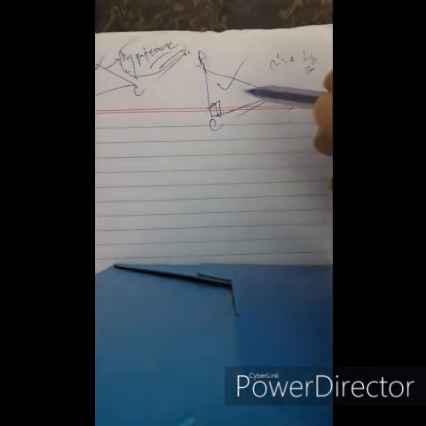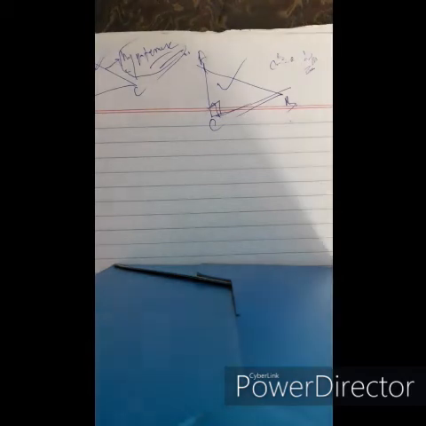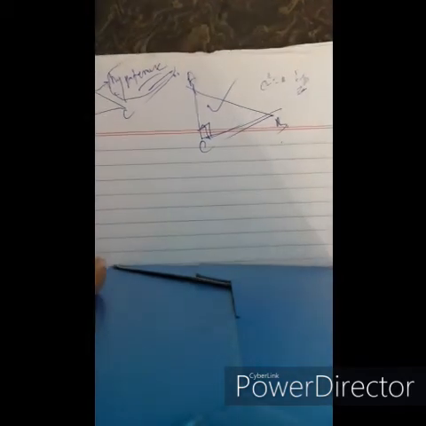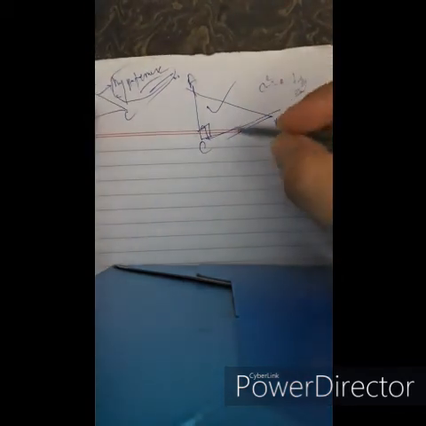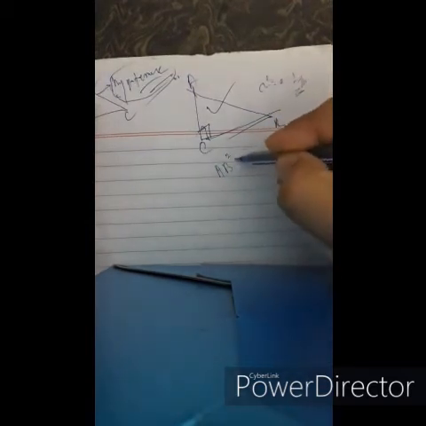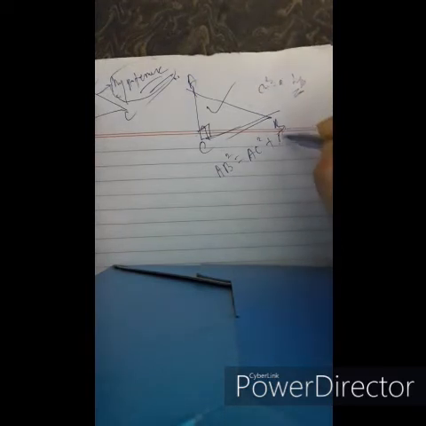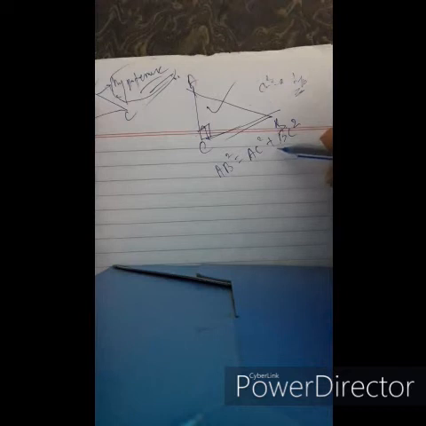Please remember this. If the square of the largest side, that is AB, is equal to the square of the remaining two sides, then it is a right angle triangle.